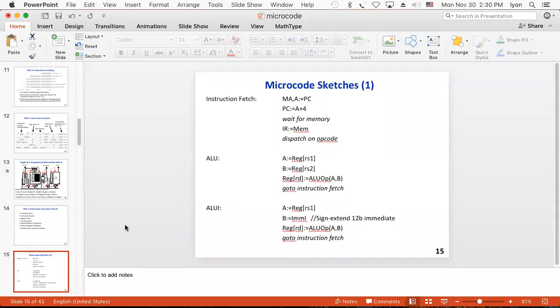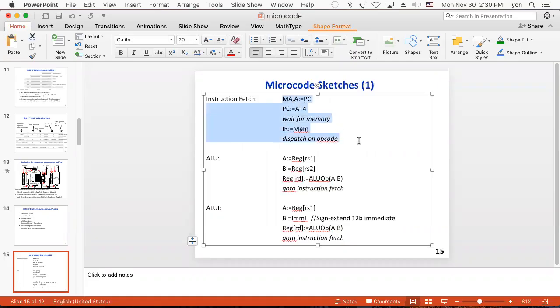The microcode sketches for an instruction fetch might look like this. These would be the mnemonics. And then eventually you'd want to implement this perhaps in VHDL or Verilog, whichever you prefer. And that would give you what I would call a low-level finite state machine design of your central processing unit.